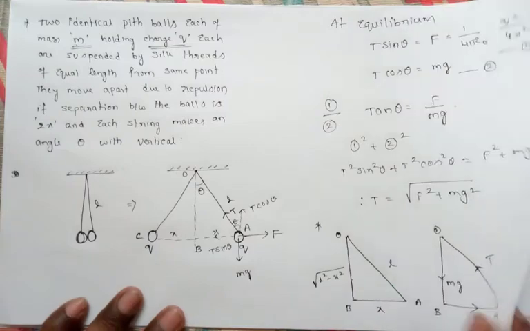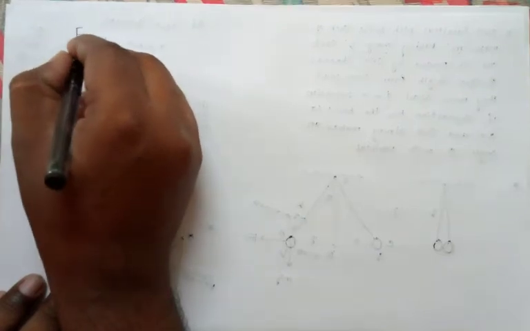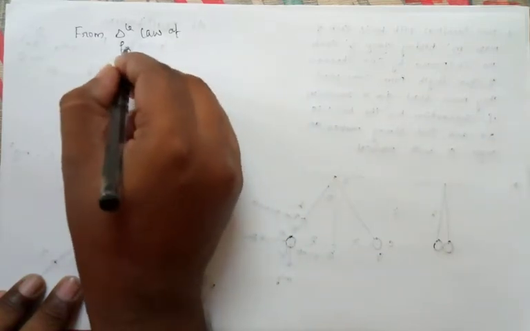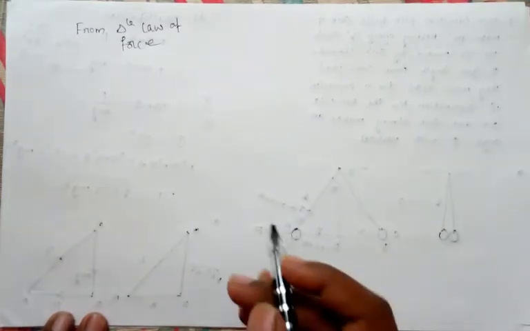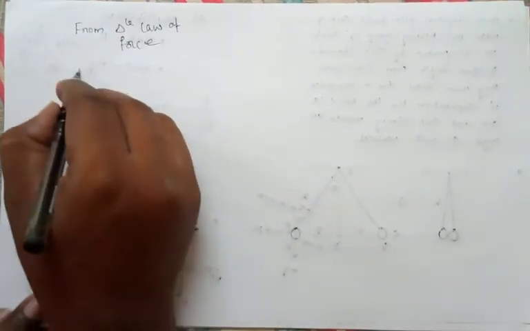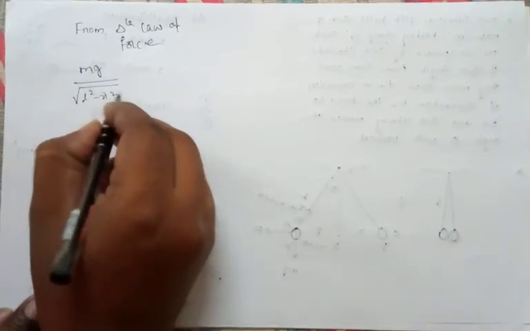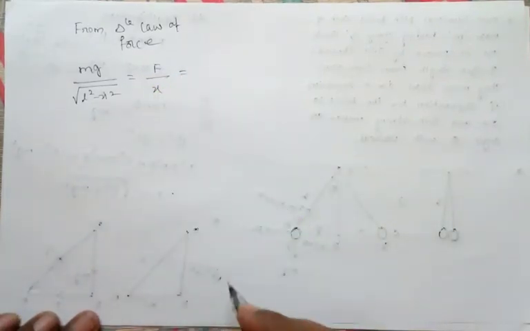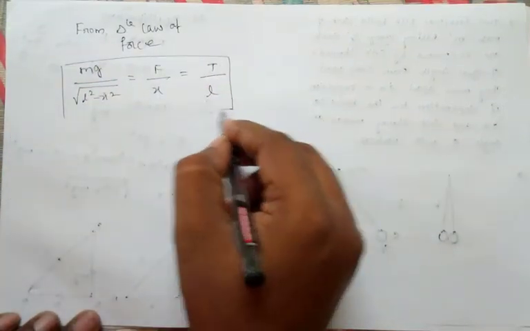So the weight mg by root over L square minus x square is equal to F by x, which is equal to tension T by L. This is the formula you can use.